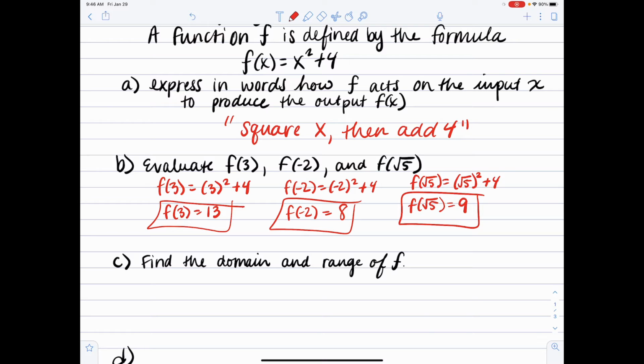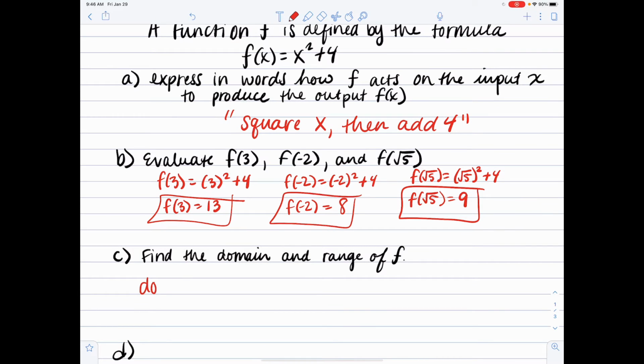So it's all possible inputs, so we can say the domain, okay, that's the x values, is all real numbers. So you can write it like that. It's all real. Which you can also write as negative infinity to positive infinity, like that, okay?